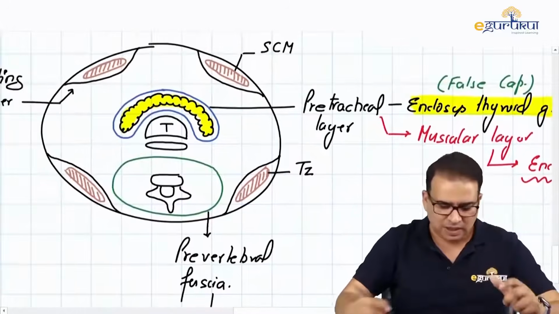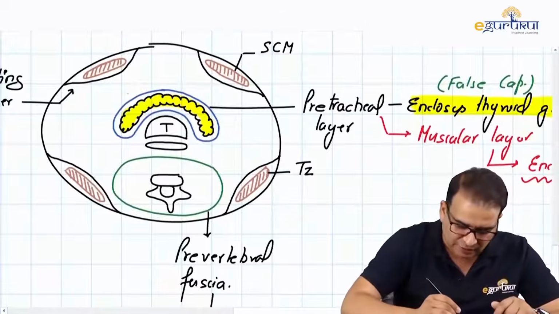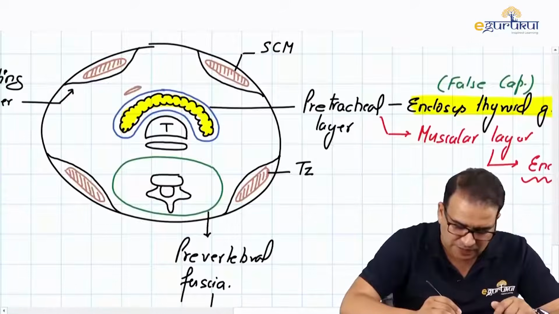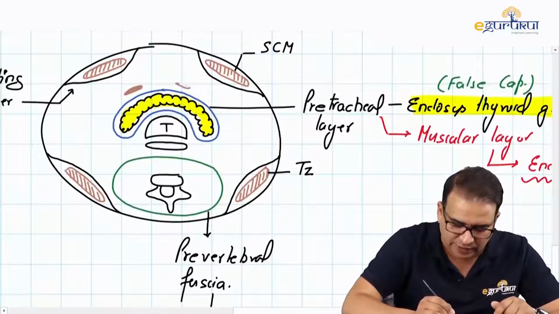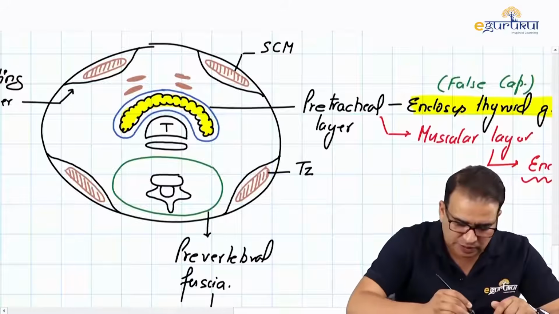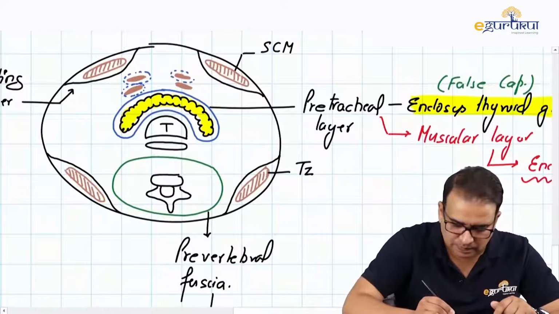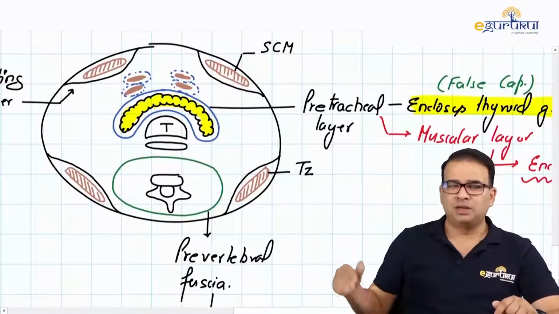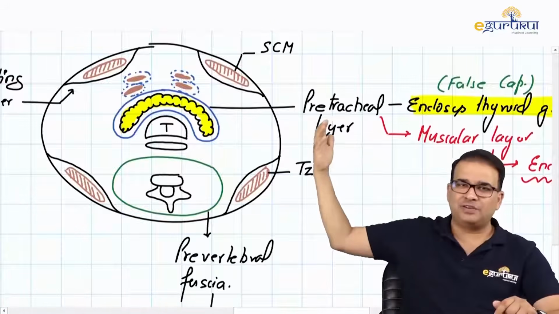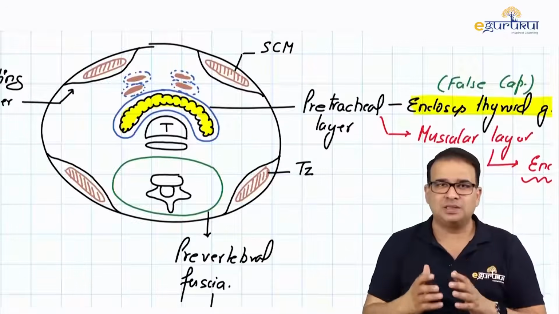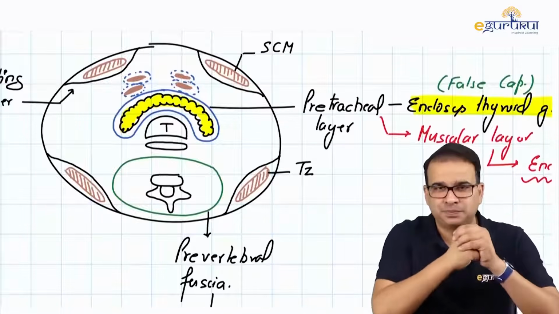If I try to draw that here, we have the strap muscle present in front of thyroid gland only, the sternothyroid, the sternohyoid, like that. We have muscles like these. So let me use the same color. You will have the fascia enclosing these muscles also. So that's the one I'm talking about. The strap muscles which are forming the anterolateral elevation of thyroid gland are enclosed in the same pretracheal fascia.